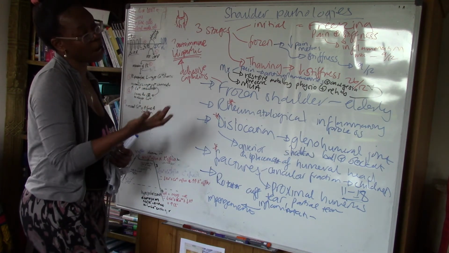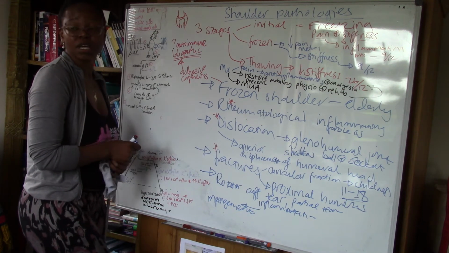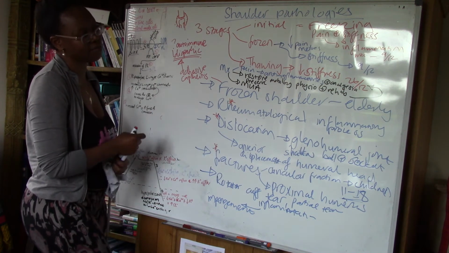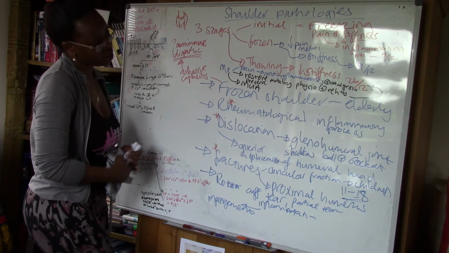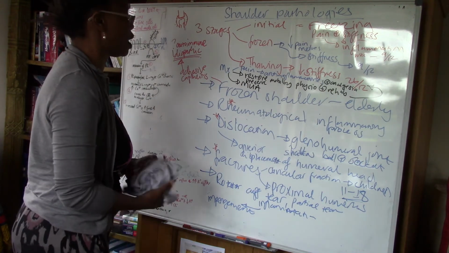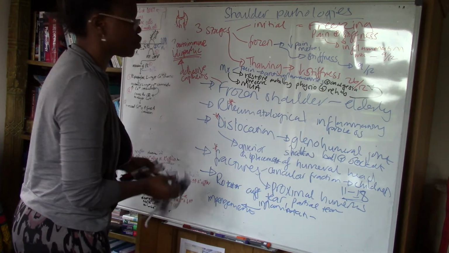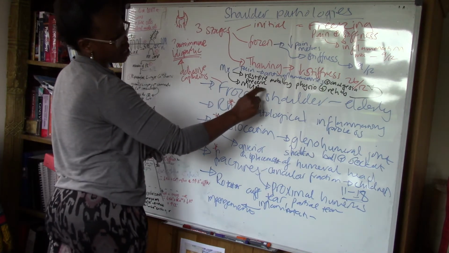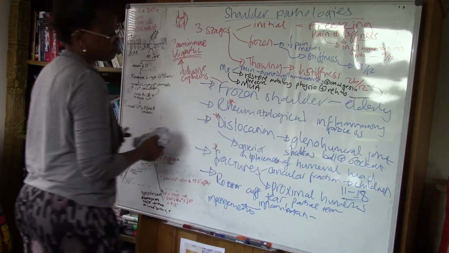It does work for some people, but it does have some good results. So this is how you would manage a frozen shoulder. So the most important thing really is to introduce mobility.